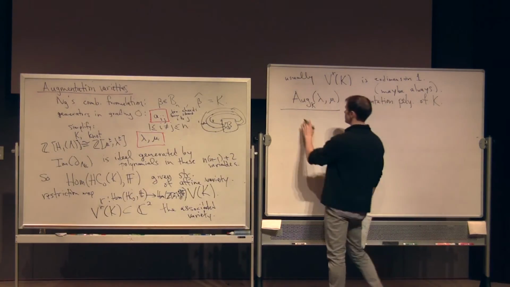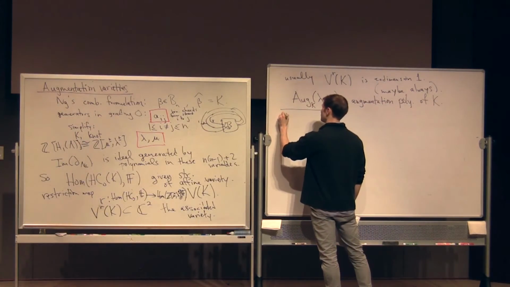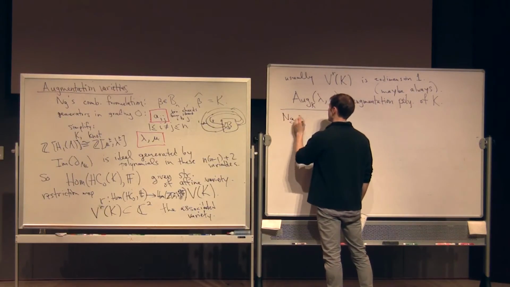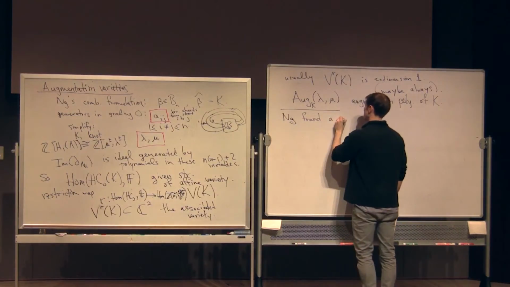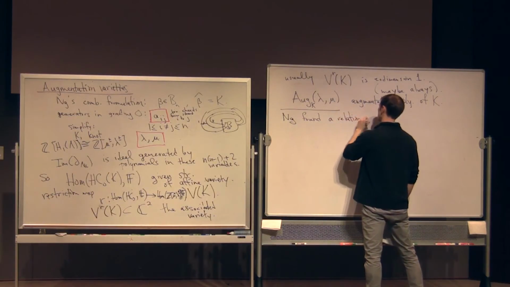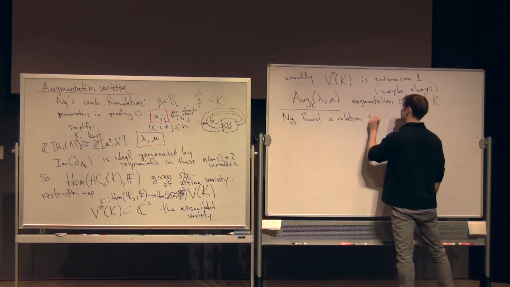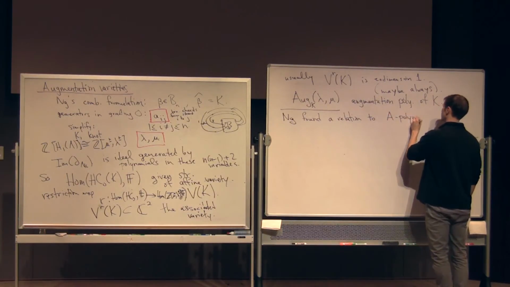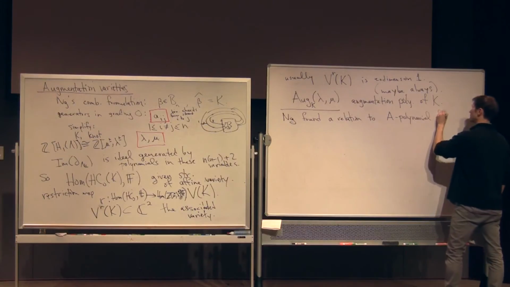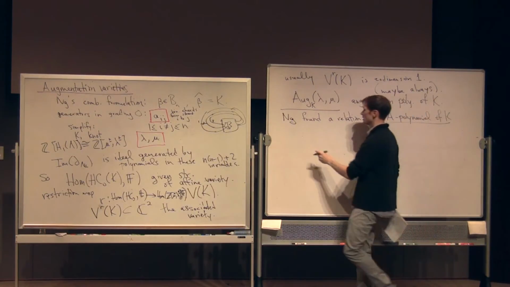So Lenny found a relationship to something that's called the A polynomial. Okay, so what is the A polynomial?